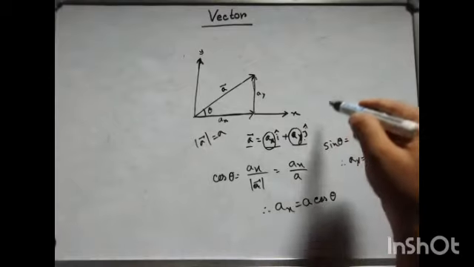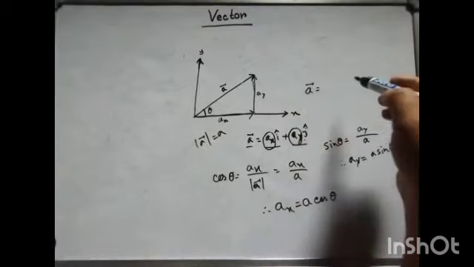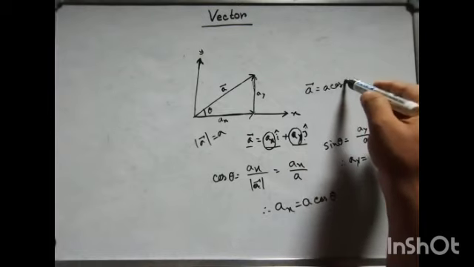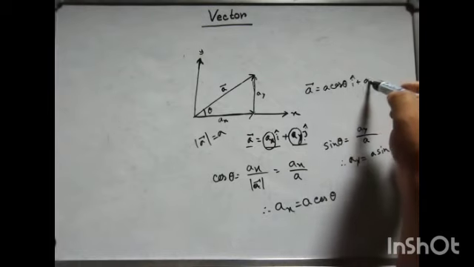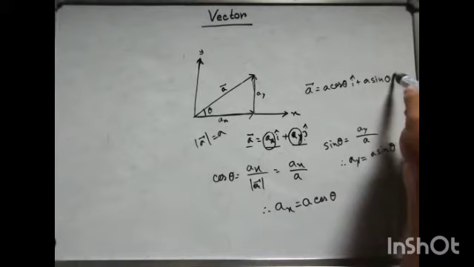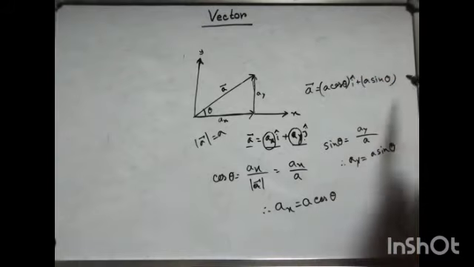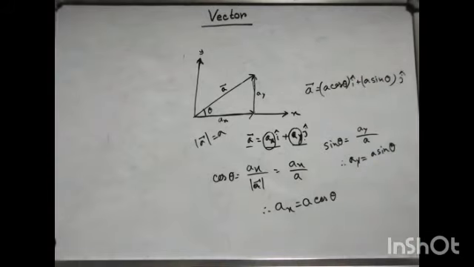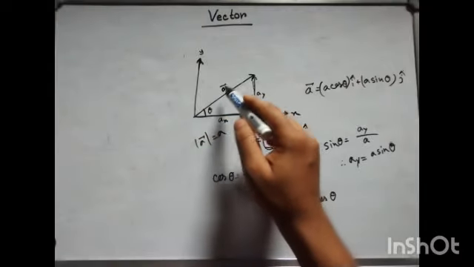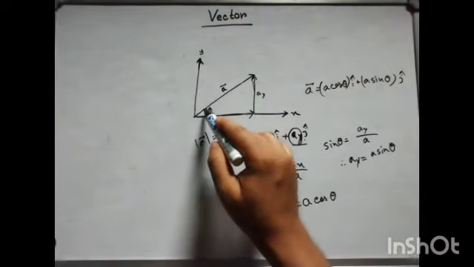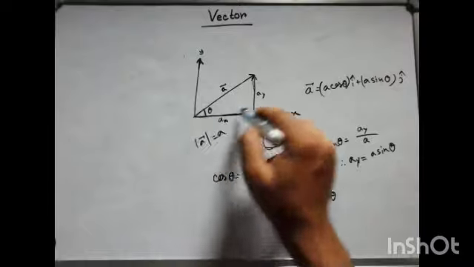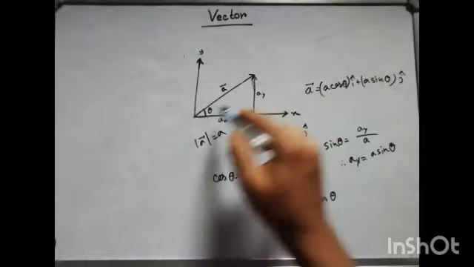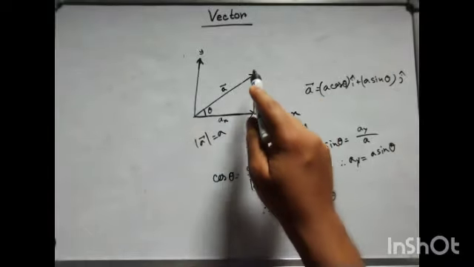So a vector will be a cos theta i cap plus a sin theta j cap. So I can break any vector in its rectangular components as ax i cap plus ay j cap.